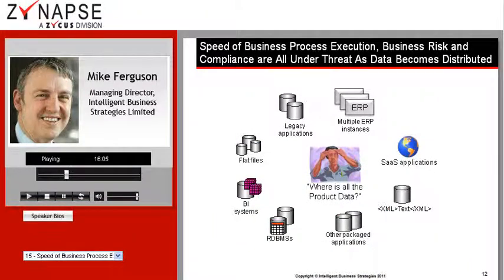So it's not surprising, therefore, that we can end up in a situation whereby it's very difficult for organizations to be able to see their master data, or indeed any data, a single view of it across their enterprise systems.